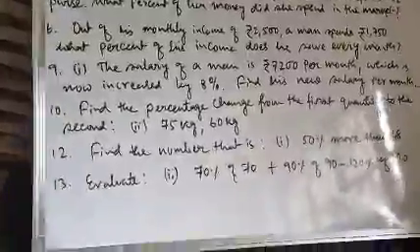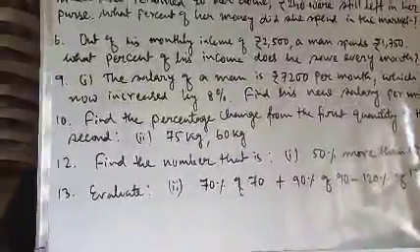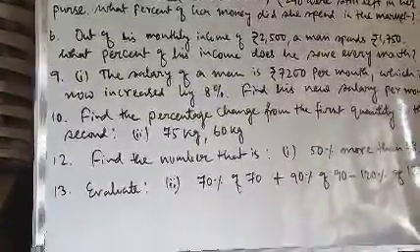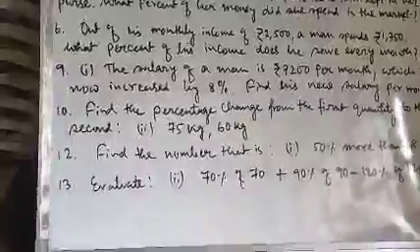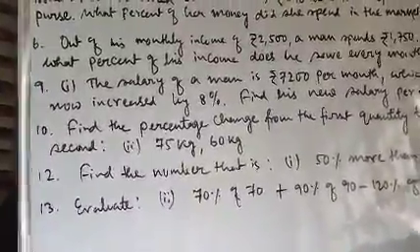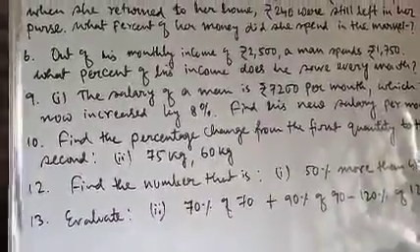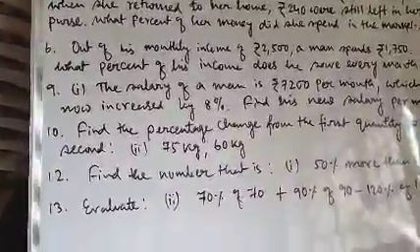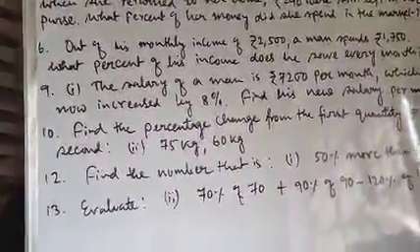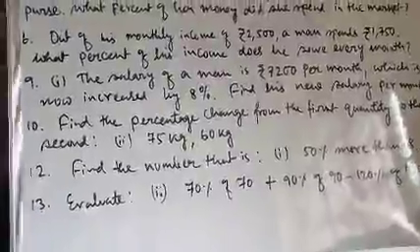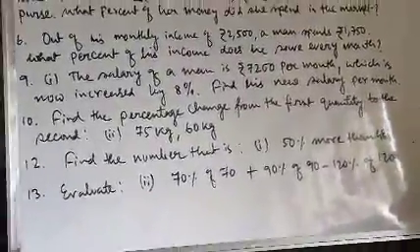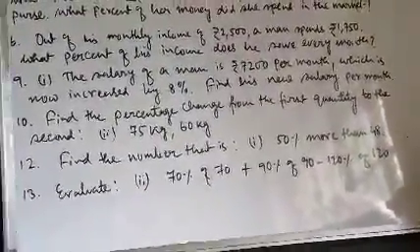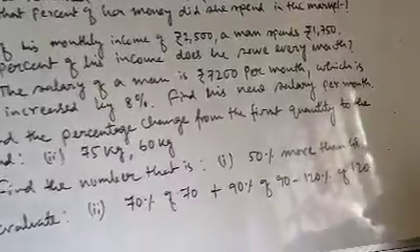Question number 10 says, find the percentage change from the first quantity to the second: 75 kg and 60 kg. So the first quantity is 75 kg and the second quantity is 60 kg. We will find the percentage change from 75 kg to 60 kg, from the first quantity to the second quantity.